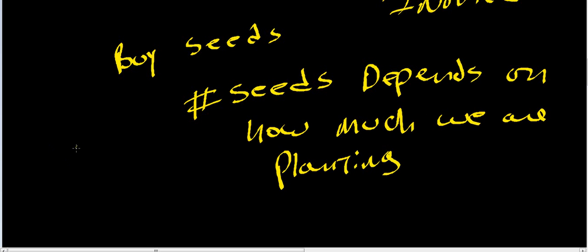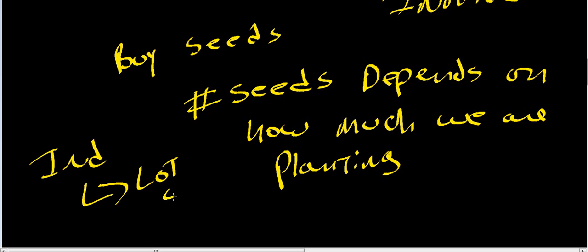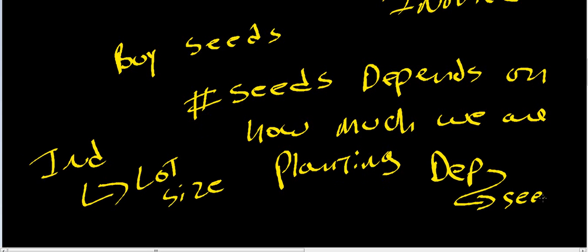Well, your independent variable is going to be, we'll just call it lot size, okay? Because that might make sense to more people. But your acreage, your field, right? That's your independent variable. Your field's your field. It's not going to change. Your dependent variable is the number of seeds, right? So your seeds depend. So here, that identifies your dependent variable.